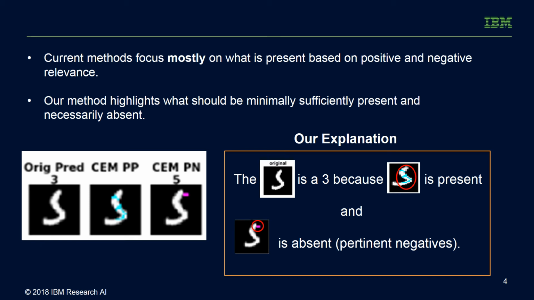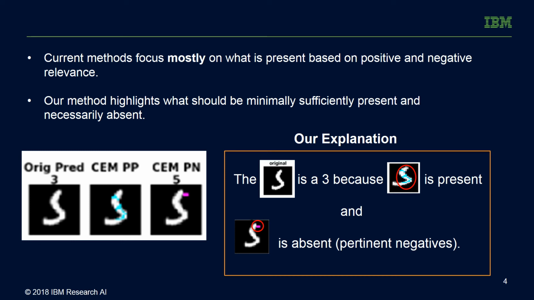However, additionally, what we say is that if you look at the rightmost image, we say here that if the small pink horizontal line was present in the original image, then this image would no longer be classified as a 3, but would be classified as a 5. And so, to maintain the original prediction of the neural network, it is necessary that this small horizontal line remain absent.